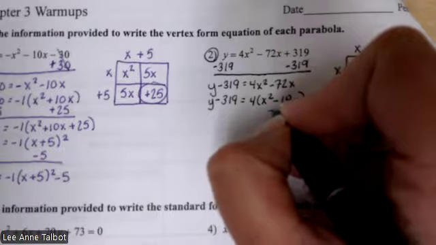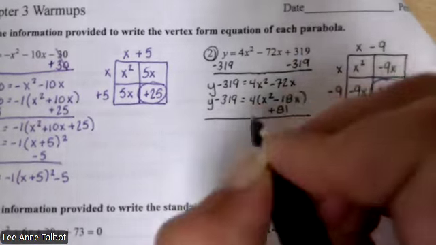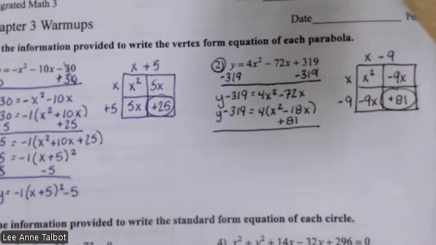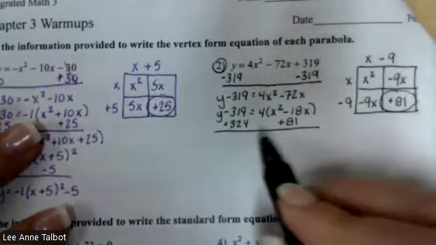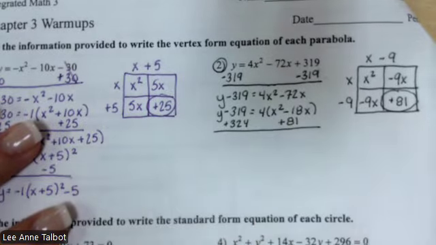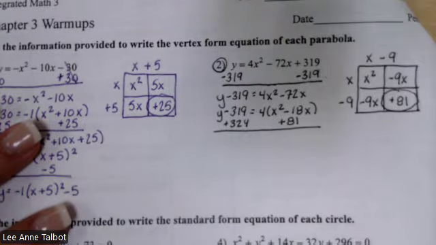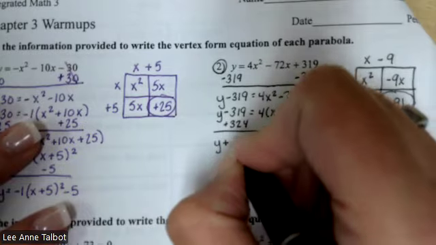Okay, so I add 81 into here, but it's really not 81. What is it? 324. Yeah, it's really 324 because 4 times 81 is 324, which will show you that now your number is reasonable.